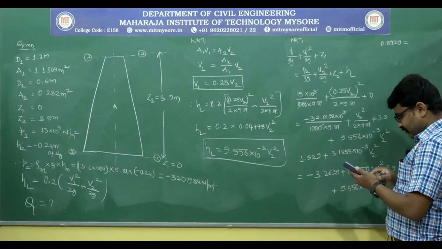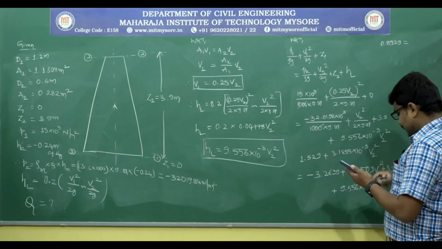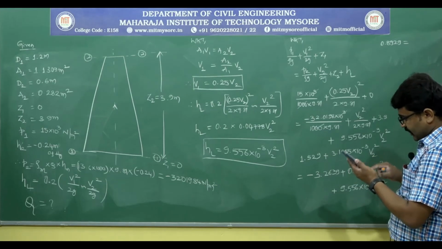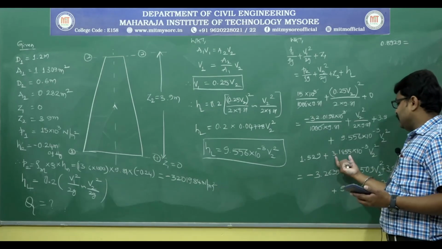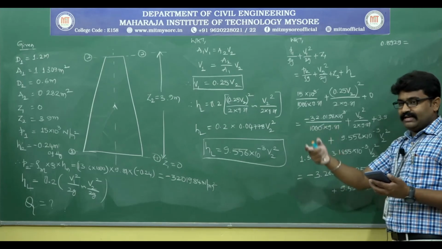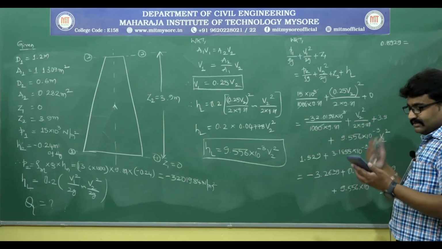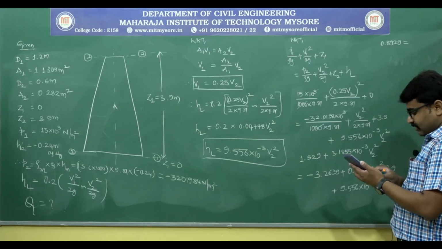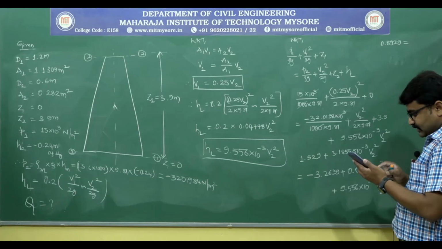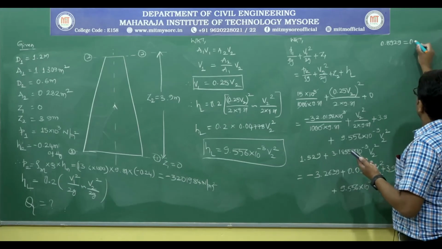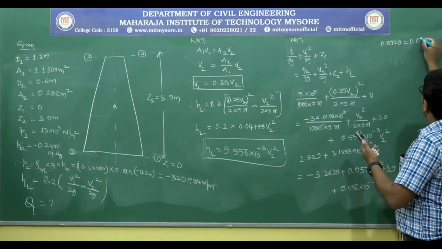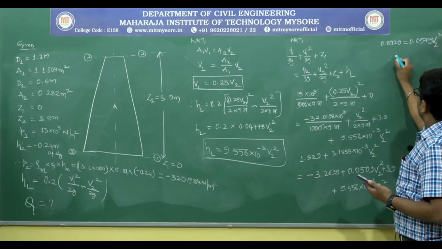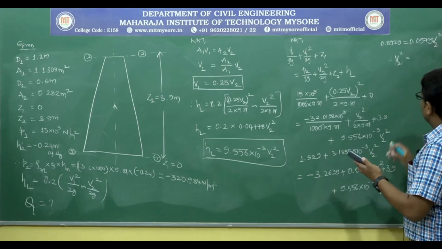It is nothing but 9.556 into 10 power minus 3 plus 0.0509, and you have 3.1855 into 10 power minus 3 in the left hand side. On bringing it to the right hand side, it becomes minus of 3.1855 into 10 power minus 3. So, you have this to be equal to 0.0573 V2 square.